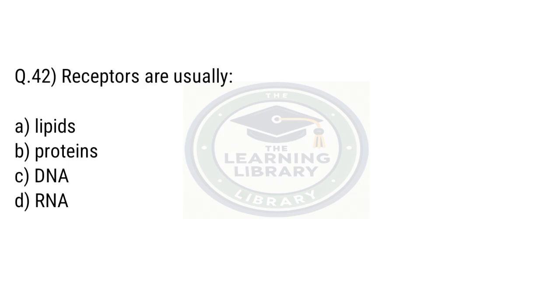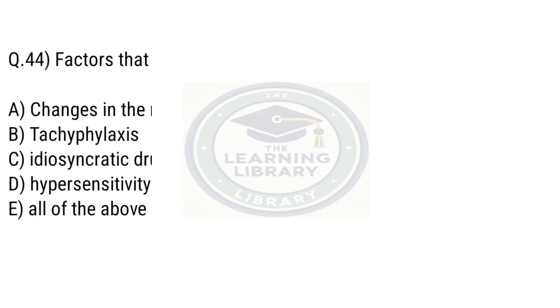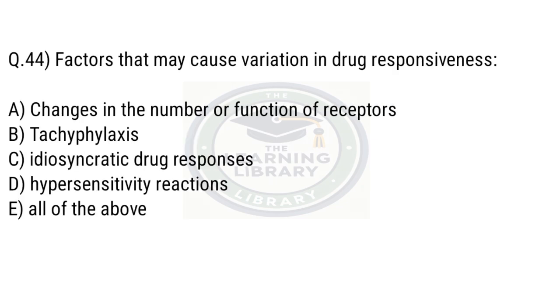Question number 42. Receptors are usually. The right answer is option B, proteins. Question number 43. An example of a receptor which is a structural protein. The right answer is option C, tubulin. Question number 44. Factors that may cause variation in drug responsiveness.